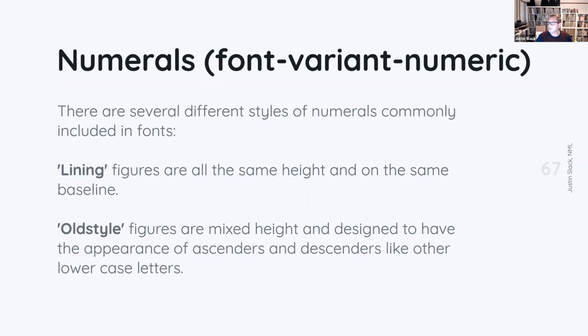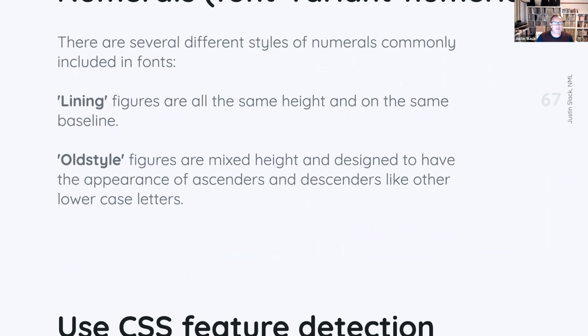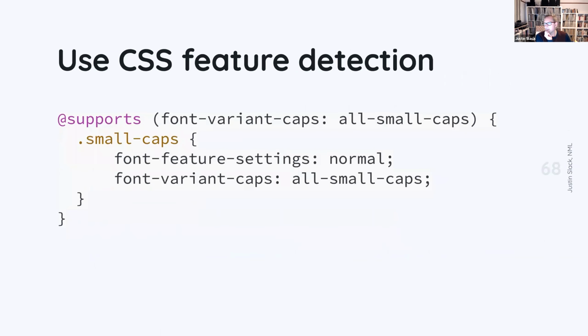But we can use CSS Feature Detection. I'm not sure if you're familiar with this. I'm not going to go into it in detail. It's something you can read about, but it's very useful. And the CSS Feature Detection uses what we call the @supports rule. So we can say, does this browser support this particular CSS property? And like media queries, anything that starts with an @ in CSS then has very specific properties inside it.